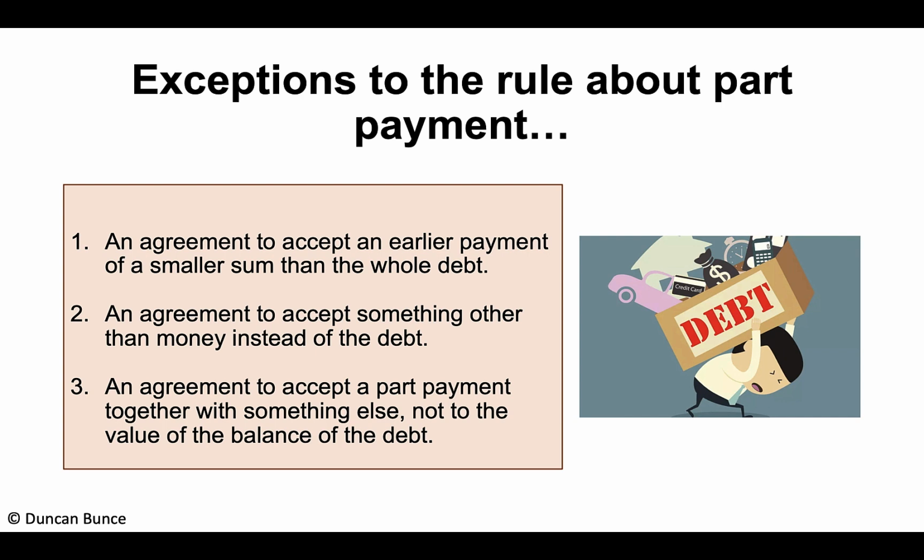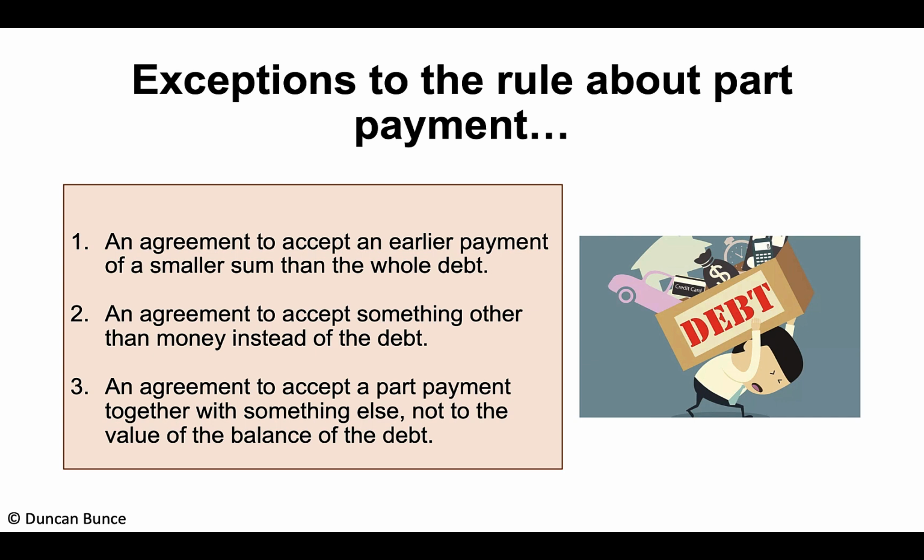An agreement to accept an earlier payment of a smaller sum than the whole debt. An agreement to accept something other than money instead of the debt. So perhaps a party may not have any money, but they're offering their own property, such as, here's my car, does that cover the debt that you owe me?